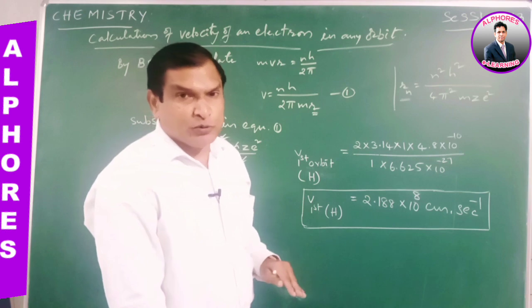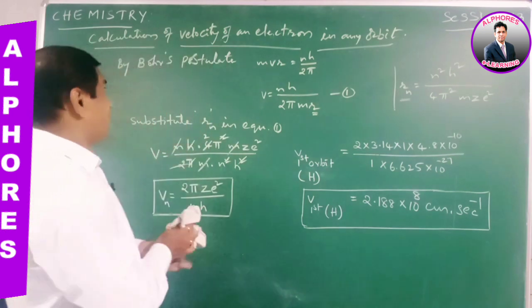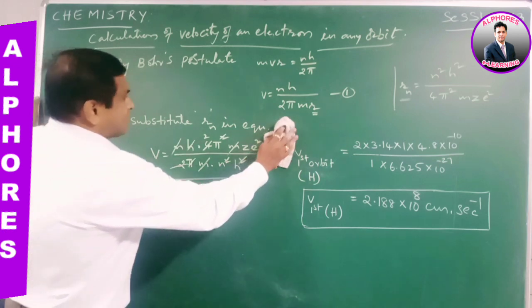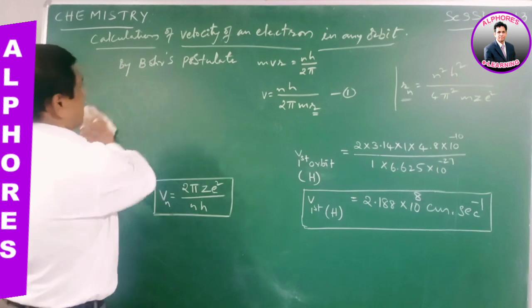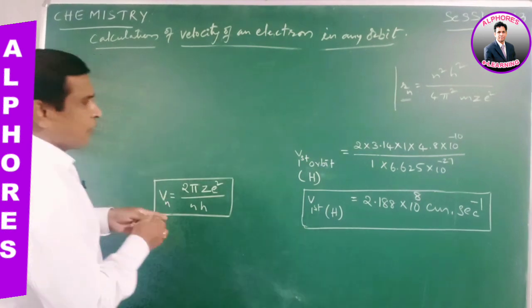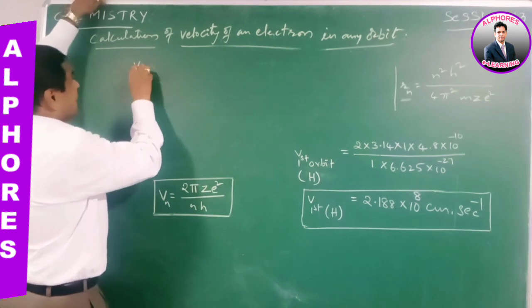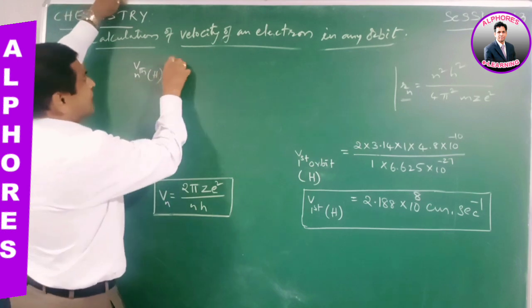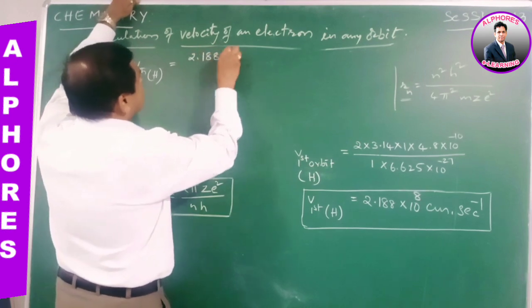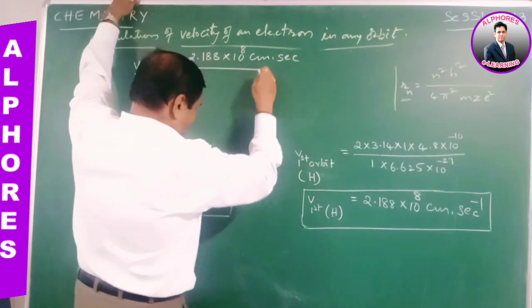This is the basic equation we have. Now the velocity of the electron in the nth orbit of hydrogen only is equal to the velocity in the first orbit, 2.188 into 10 to the power 8 centimeters per second, divided by n.